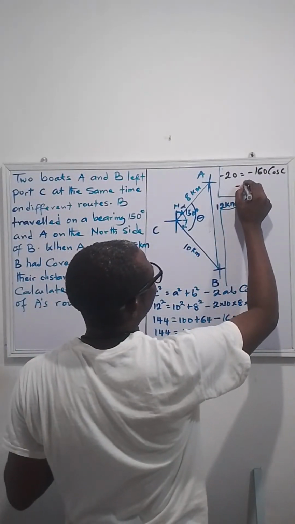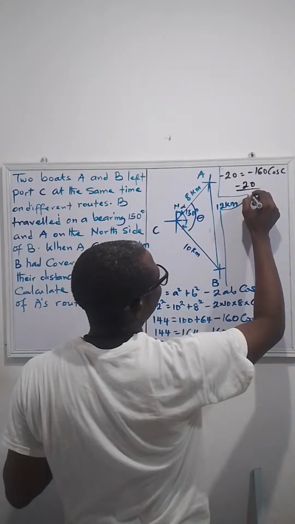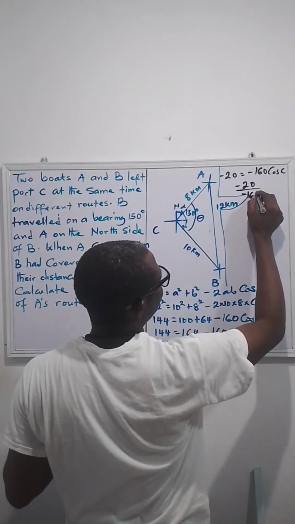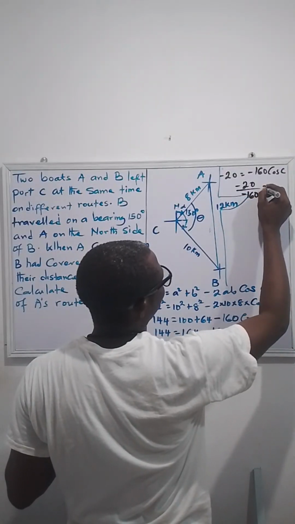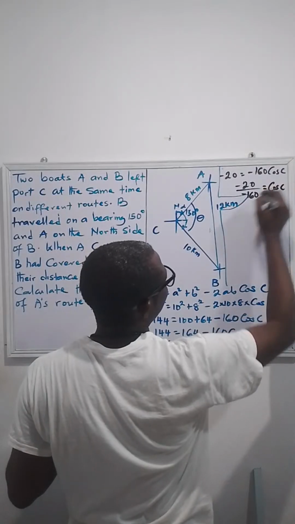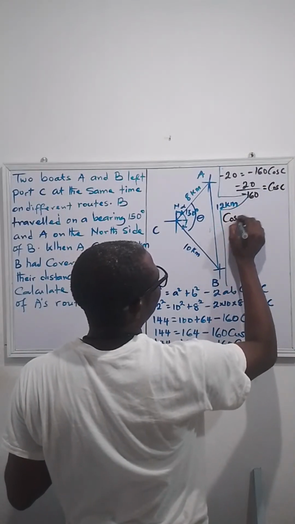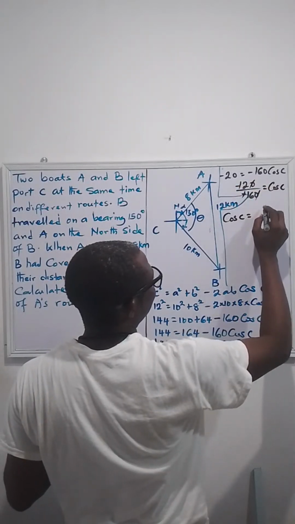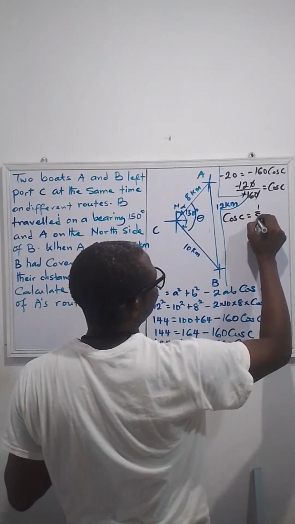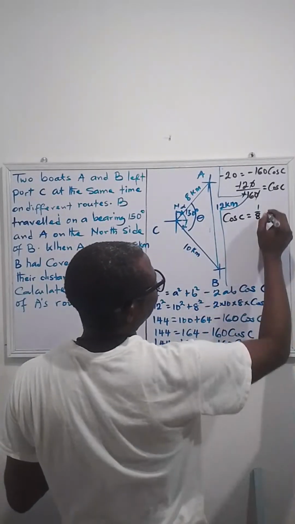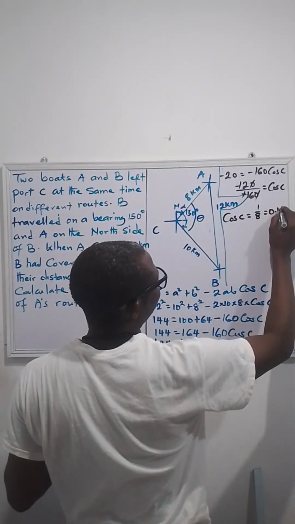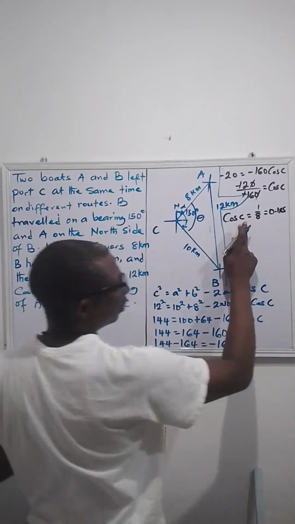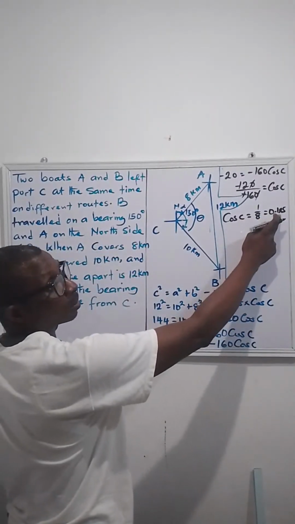So we have negative 20 over negative 160 equals cos C. The zero cancels zero, the negatives cancel. That's 1 over 8, which is the same thing as 0.125. Now to get C, you find the arc cos of this.